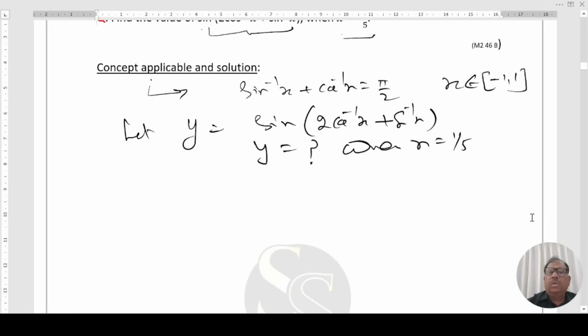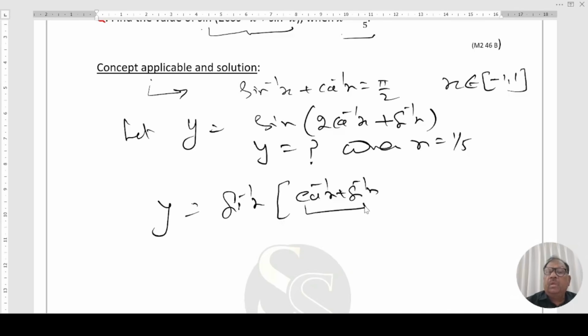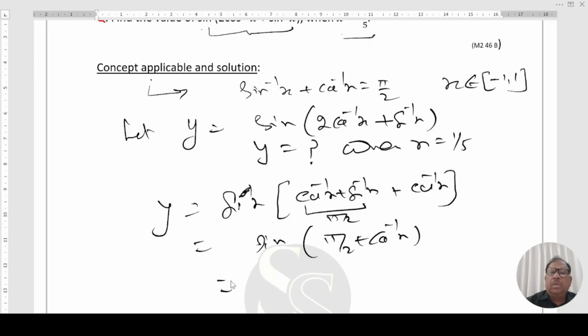Now, y equal to sine of cos inverse x plus sin inverse x plus cos inverse x. If we go back, we get the same thing. In place of that we put pi by 2, so this comes out to sine of pi by 2 plus cos inverse x.